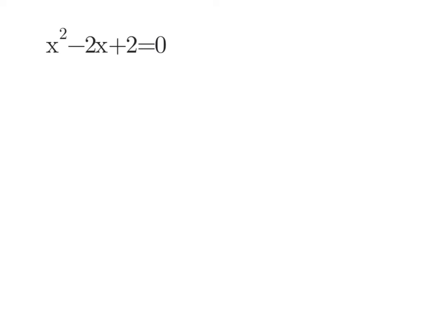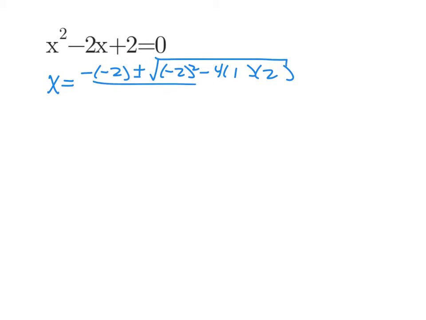So let's try one more, this time with the quadratic formula. So that would be x equals negative b, which is negative 2, plus or minus the square root of b squared, that negative 2 squared, minus 4ac, so in this case a is 1 and c is 2, all over 2a, so 2 times 1.